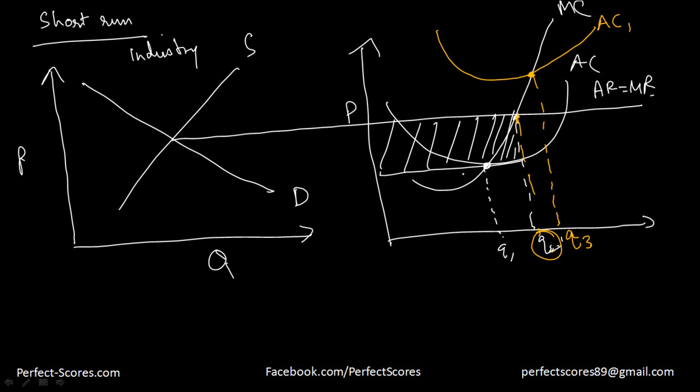Fine. So that is how you define productive efficient output and allocative efficient output. So Q2 in all the cases is allocative efficient output. Fine. So suppose you're understanding this.